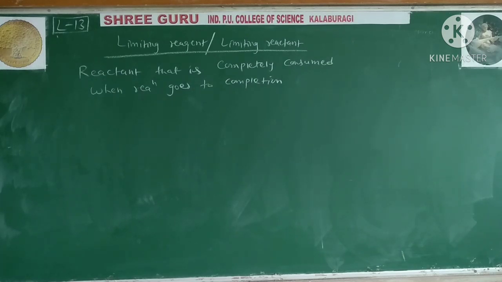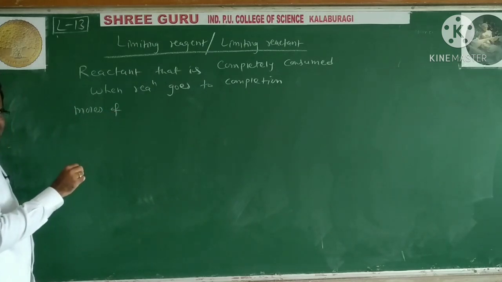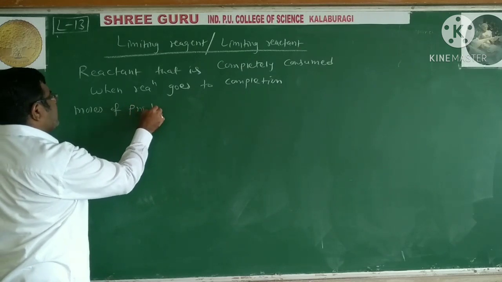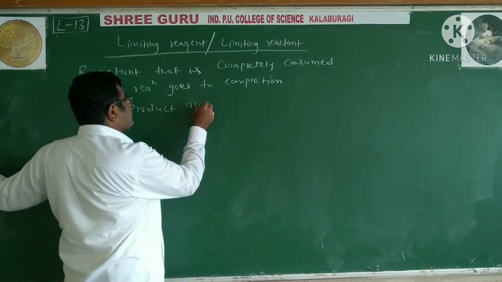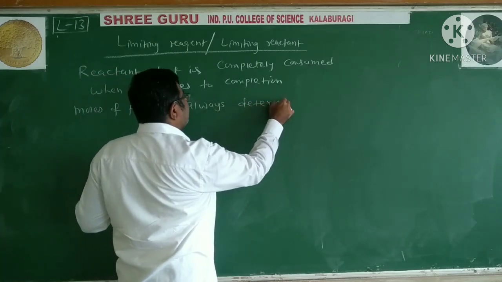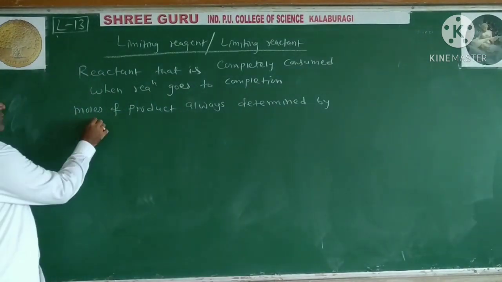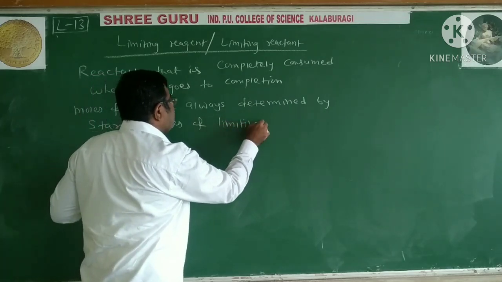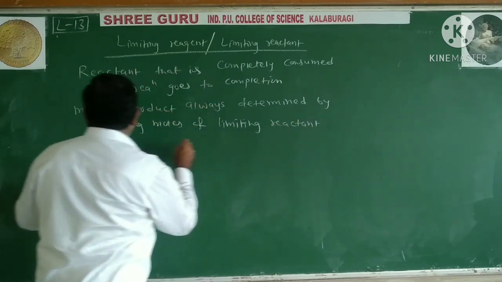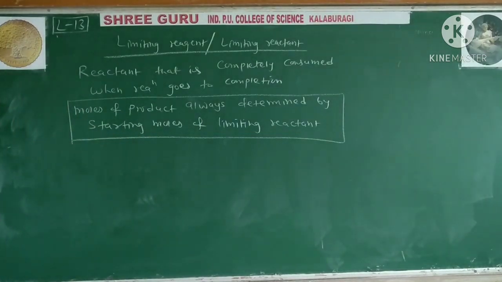Why is this limiting reagent important? Because moles of product, moles meaning amount of product, which you can convert into grams, is always determined by the starting moles of the limiting reactant.